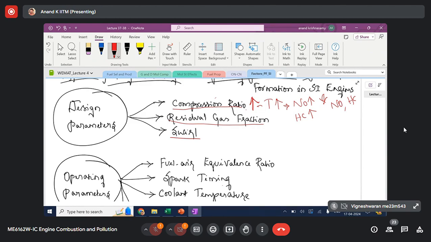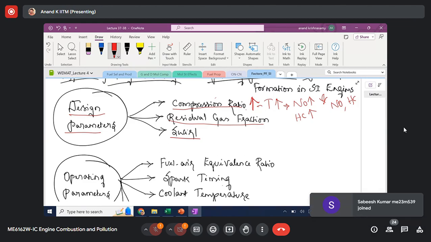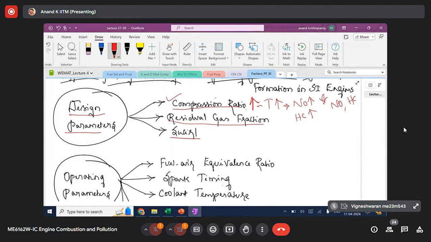That's why they are identified as important design variables that affect the 3 primary pollutants in a spark ignited engine. As we discussed in the previous class, compression ratio is one of the important design variables that needs to be optimized. Compression ratio is a volume ratio, in fact total volume to clearance volume.